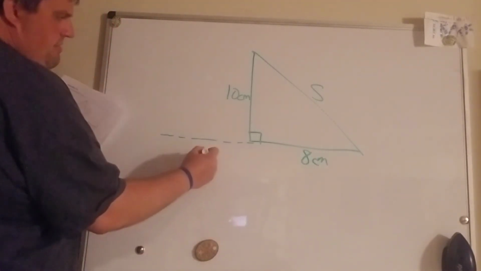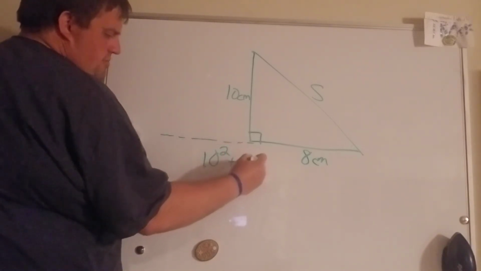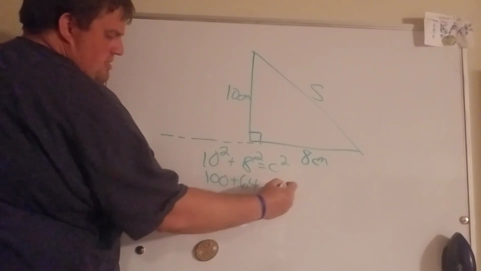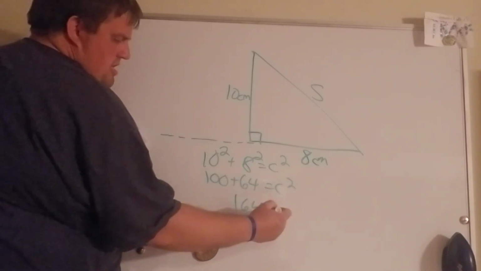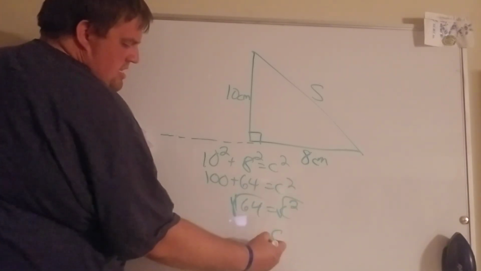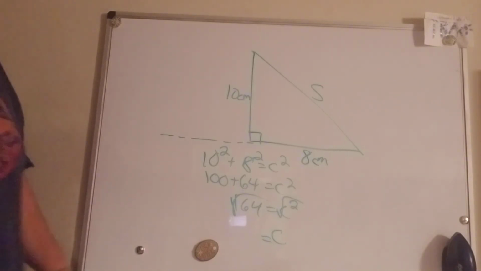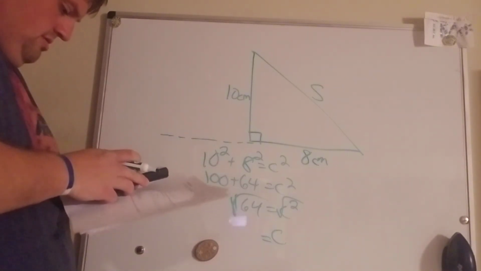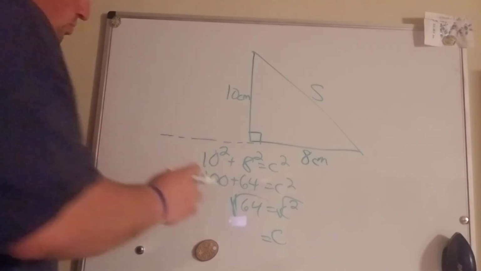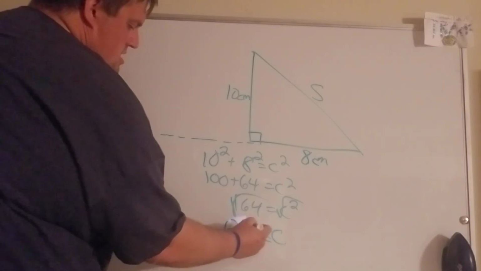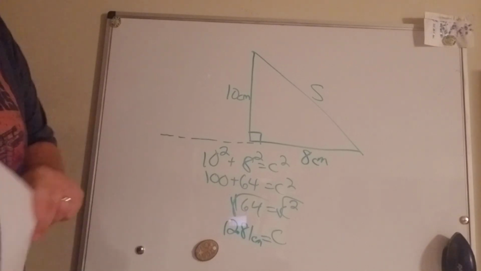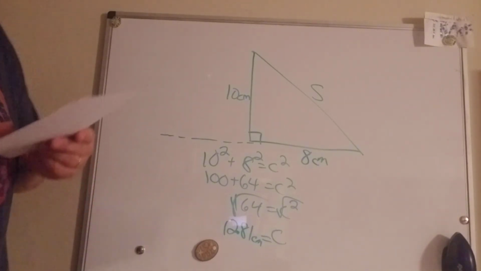And then I'm going to set up my Pythagorean theorem. 10 squared plus 8 squared equals c squared. 100 plus 64, which is 164. And when we square root 164, it's going to be almost 13. 12.81 centimeters. Perfect. So don't get fooled by those ones.